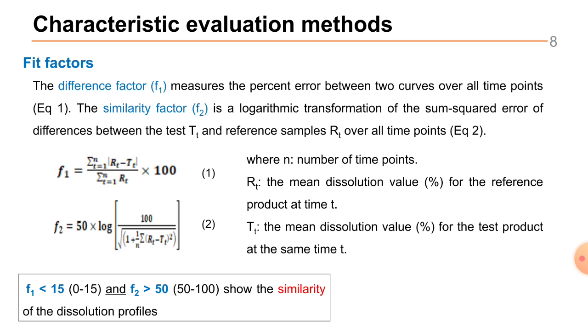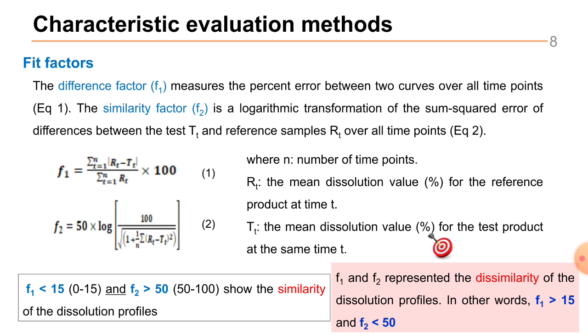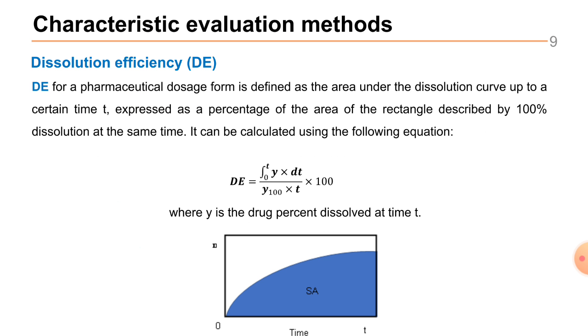In this study, we consider the enhancement in dissolution rate of curcumin when forming curcumin solid dispersion. So we refer to F1 higher than 15 and F2 lower than 50. Dissolution efficiency is the blue area in the figure.